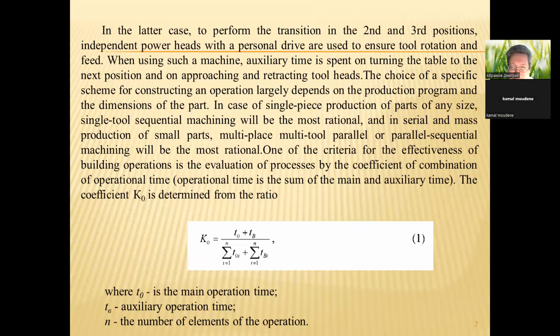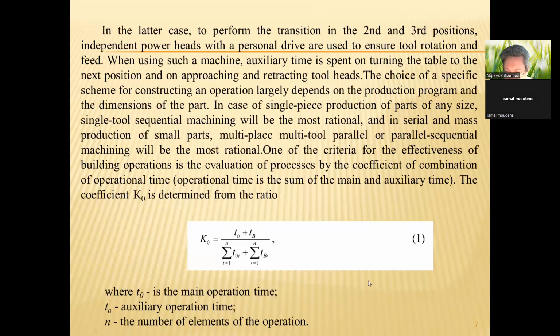One of the criteria for the effectiveness of building operations is the evaluation of processes by the coefficient of combination of operational time. Operational time is the sum of the main and auxiliary time. The coefficient k suffix 0 is determined by formula number 1.